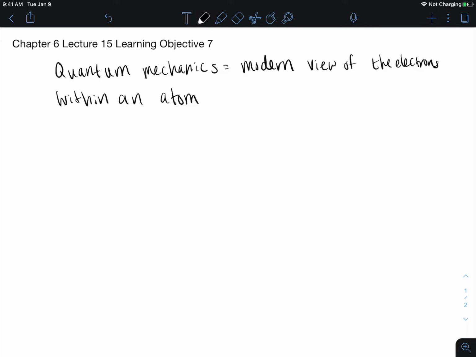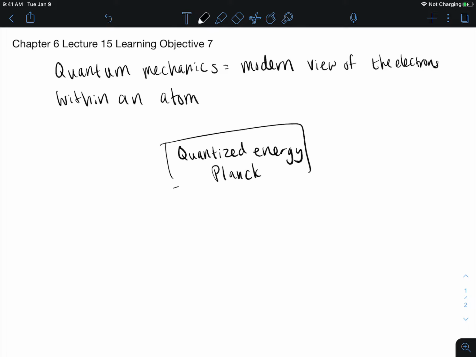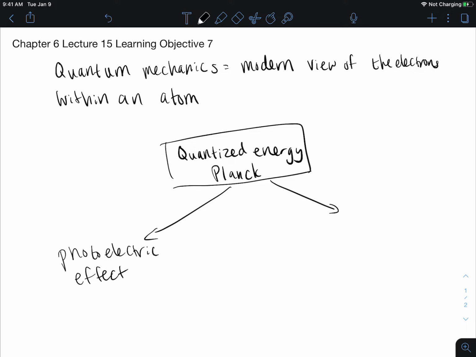So the idea of quantized energy from Planck was there to explain what was going on with the photoelectric effect and line spectra. So Planck came up with the idea of quantized energy.